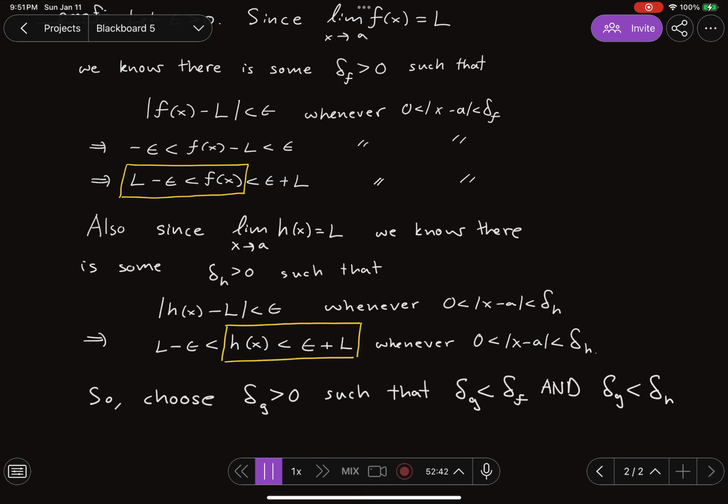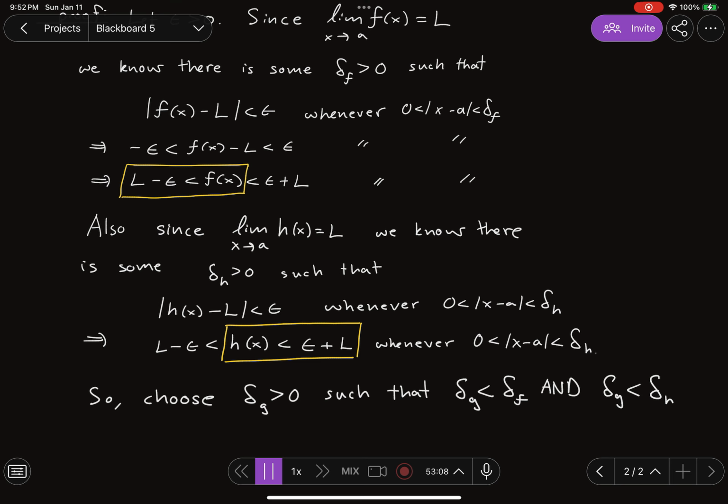In other words, this will be accomplished whenever the distance between x and a is less than delta sub g because of this condition right here. Also, this will be accomplished whenever the distance between x and a is less than delta sub g because of this condition right here.